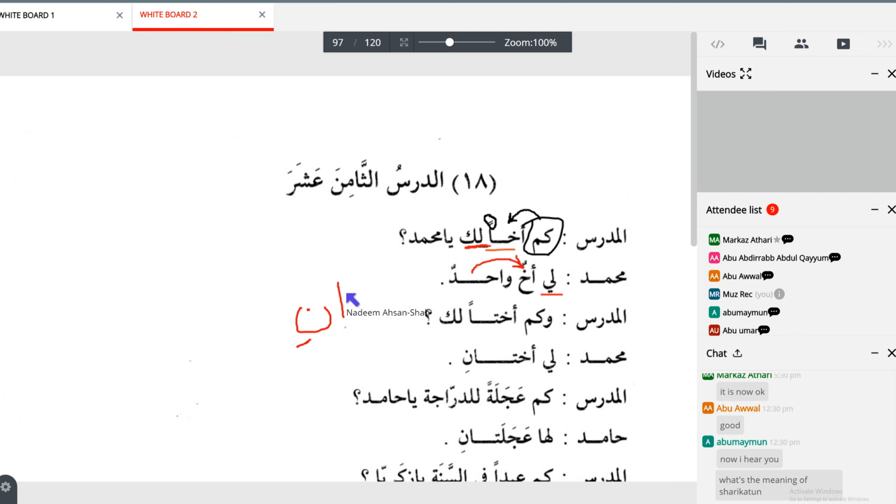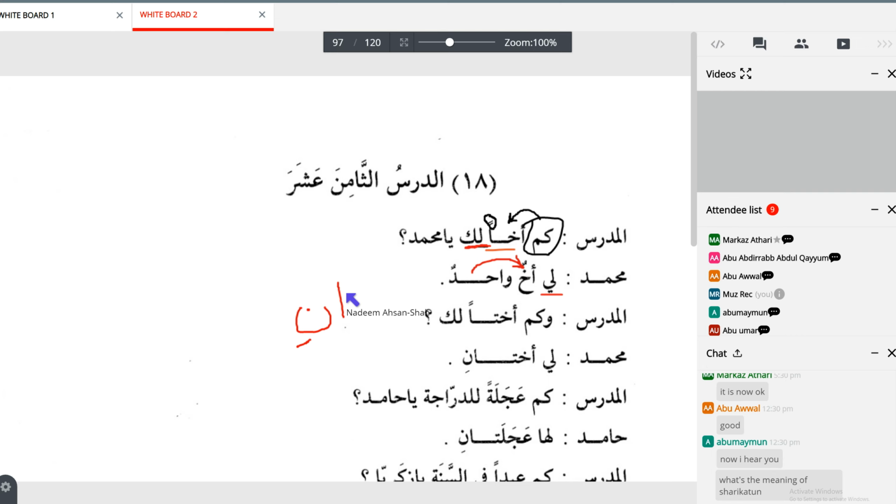And now we introduce the third new aspect of this Dars al-Thamin Ashar, which is a new dhamir. Previously we studied huwa, he. We studied hiya, her. We studied hum, them. And we also studied hunna, also them, but for feminine. And now we have a new one, huma. Huma. Everyone with me, please? Huma.